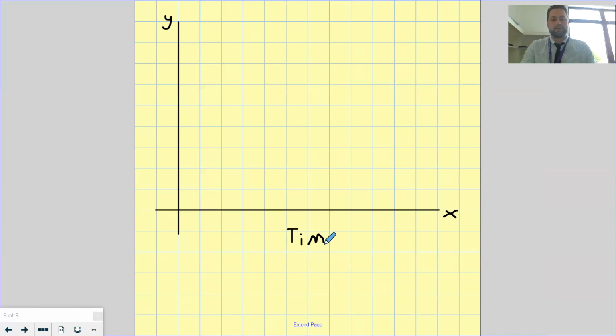Excuse the handwriting, I'm using a graphic pad, which sometimes doesn't work particularly well. So we've got time here, and down here we've got our frequency.